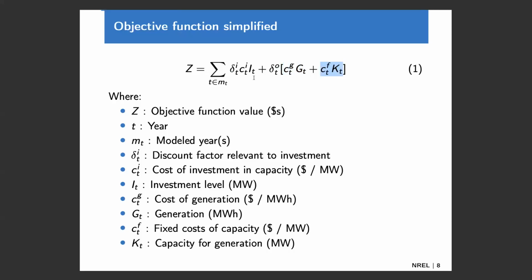Now, this is very simple, but it becomes very powerful because I can maintain the same objective function whether I'm doing the myopic case, the intertemporal case, or anything in between. All I have to do is change these delta symbols. Delta I, the discount factor or present value factor for investment, is different than the discount factor or present value factor for operations.